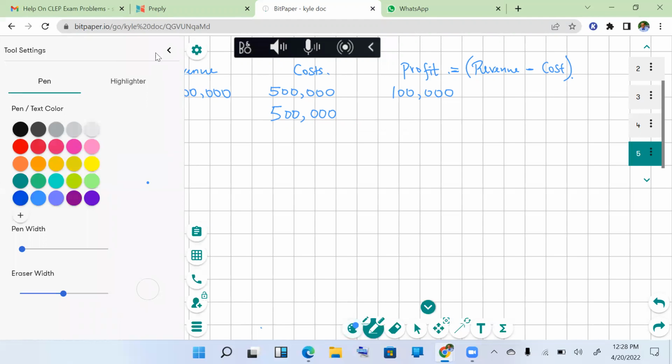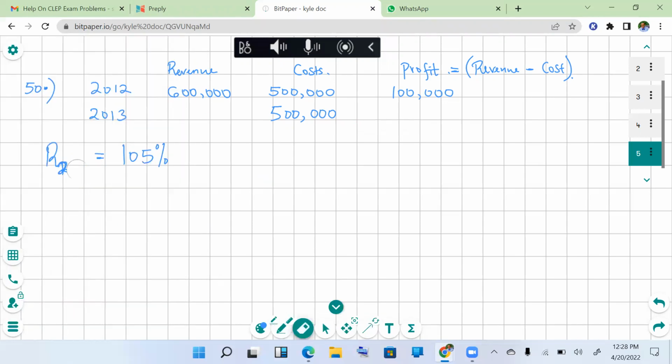The 105 is coming in because of the 5% increase in revenue. So what was the revenue in 2013?